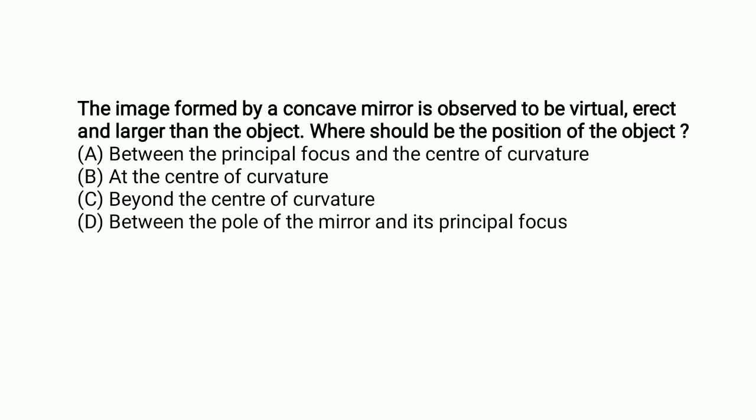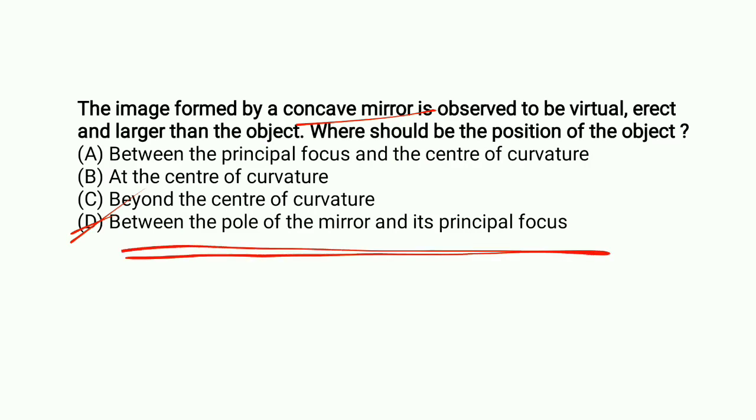The image formed by a concave mirror is observed to be virtual, erect and larger than the object. Where should be the position of the object? So here the concave mirror will produce the virtual, erect and larger image only at one condition, when the object is kept between the pole and its focus. So option D is the correct answer.